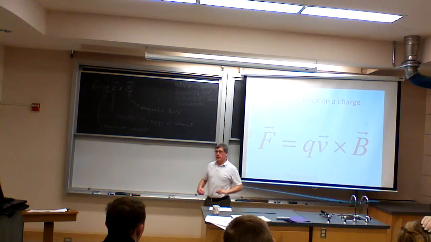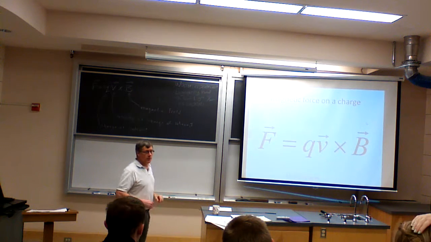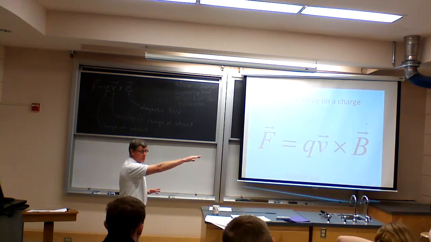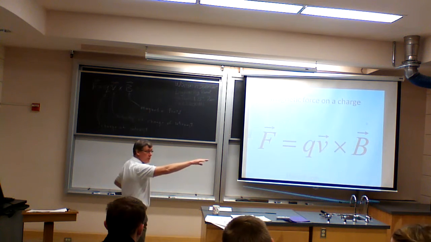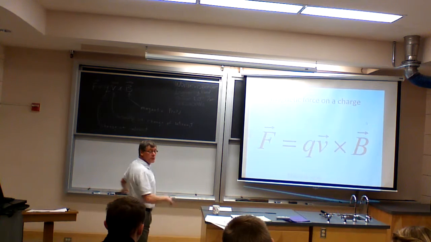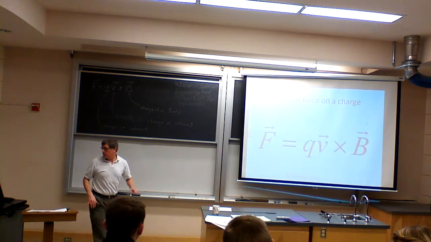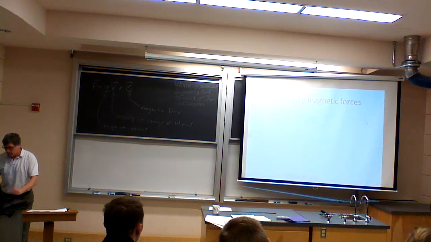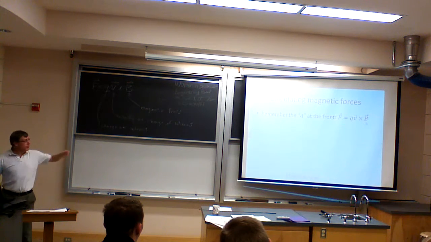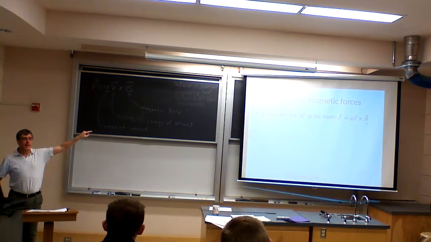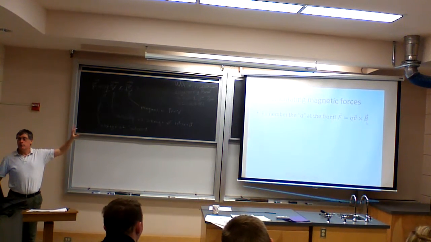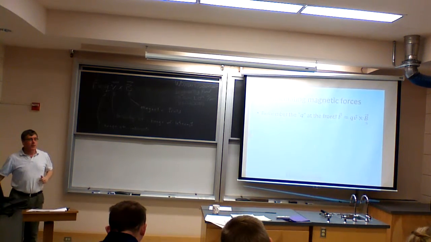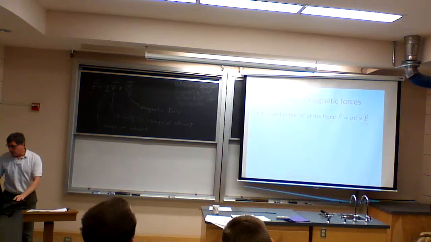So if I have a positive charge moving through a magnetic field and the force is this direction, a negative charge moving through that field at the same point in space, going the same direction, will have a force in the opposite direction. So remember that Q does have a sign on it. Remember the Q in front. That's the biggest mistake I see. People forget, when I have a negative charge, to use the opposite direction from the one they get from the right hand.